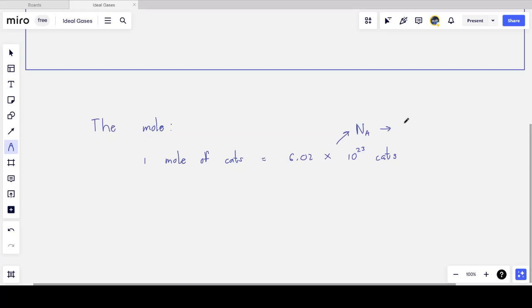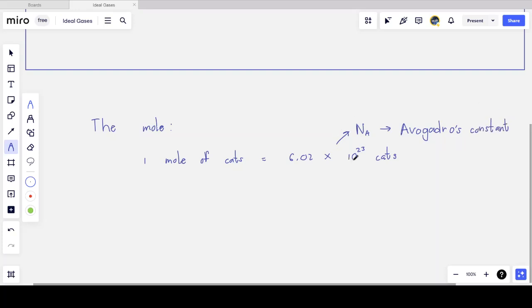It's basically the number of carbon-12 atoms in 12 grams of carbon-12. So it is not completely abstract or arbitrary. I have to make sure I spell this correctly: Avogadro's constant. This is the number of, well, whatever you're counting.